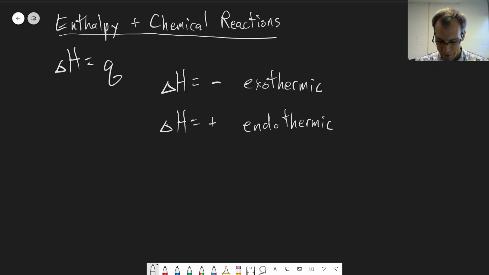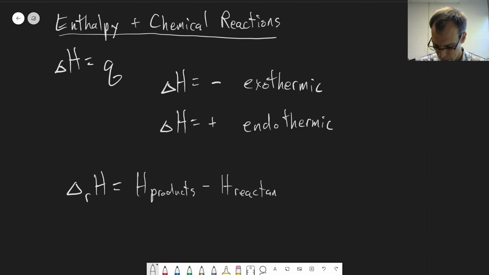Now, if we have some chemical reaction, again a reminder, the change in enthalpy for a reaction is equal to the enthalpy of the products minus the enthalpy of the reactants. And we can use the fact that H is a state function to find different pathways to get the value that we want for a chemical reaction.